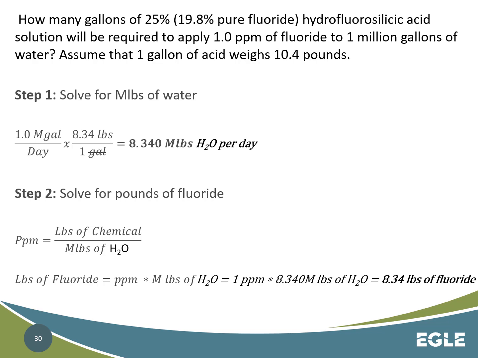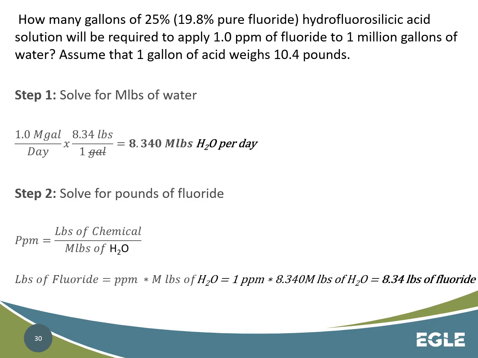Let's do a quick little recap of the problem we just solved in the previous video. Again, you want to start off with solving for a million pounds of water when dealing with dosage calculations, which we will use in the next coming steps.